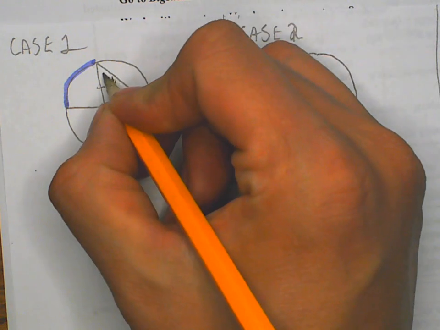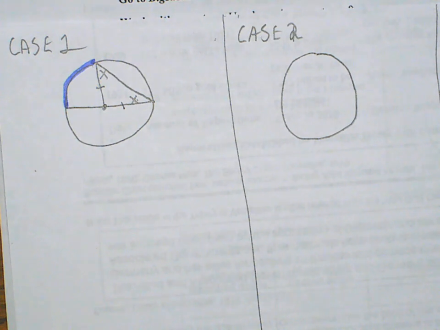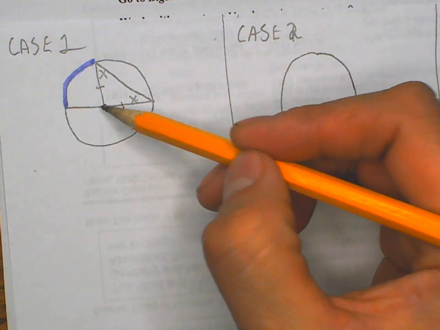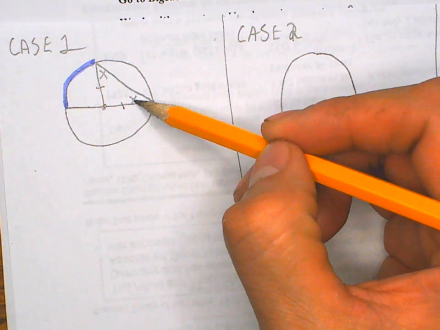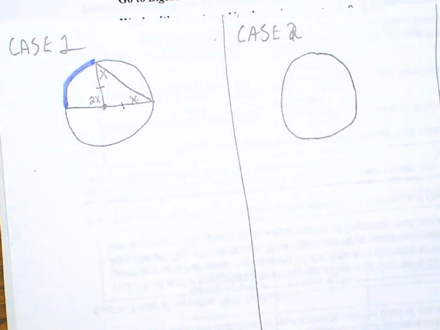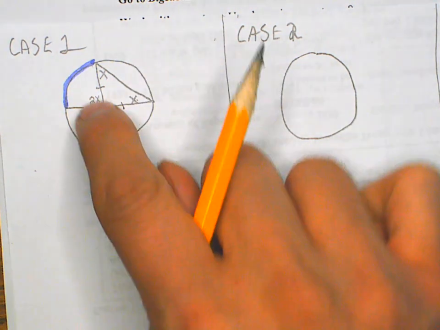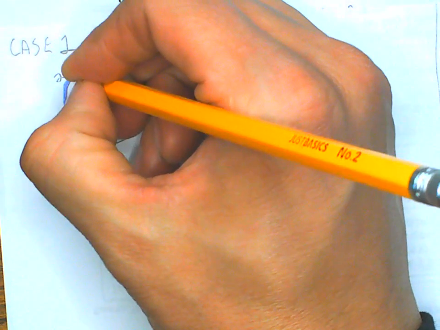So that means that this angle here is also x. Now, one of the things that we did learn from prior chapters is that this right here is an exterior angle, and it's made up of the sum of these 2 right here. So this angle right here is going to be 2x. And since this is a central angle, this arc measure right here is also going to be 2x.